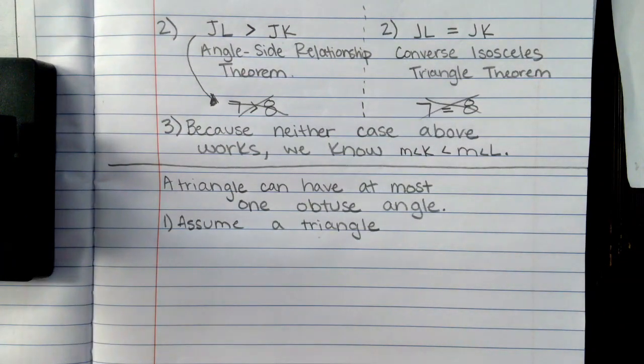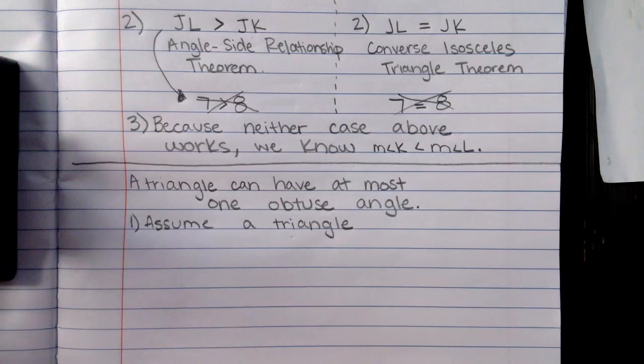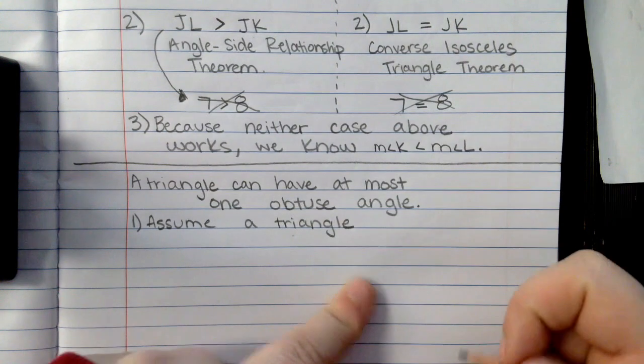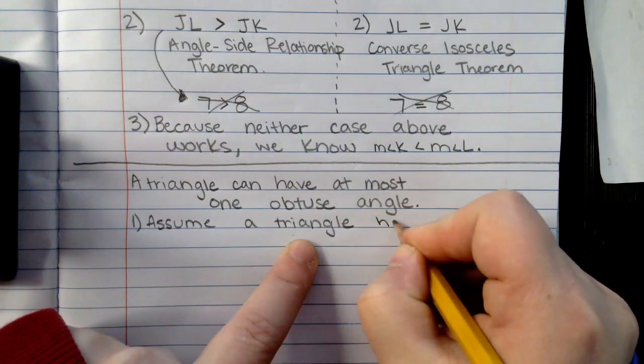Well, there's only how many angles though? 3. So if it's at most 1, our other options are that it could have 2 or 3. So we could say more than 1. We're going to say assume a triangle has more than one obtuse angle.